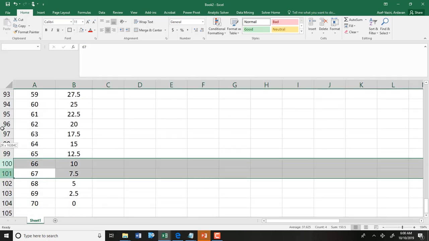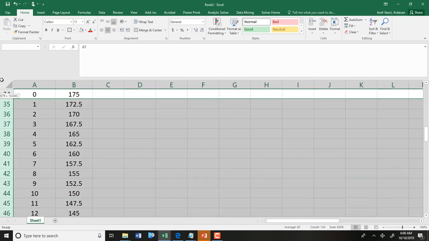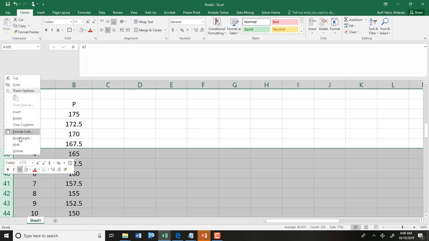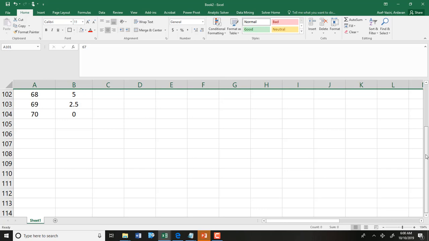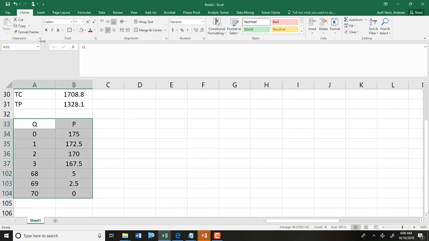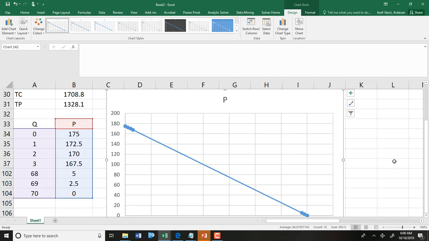Now I am going to hide this to make my job a little bit easier. Hide. Then I come here, mark these two columns, insert scatter graph, and I want to draw this graph.